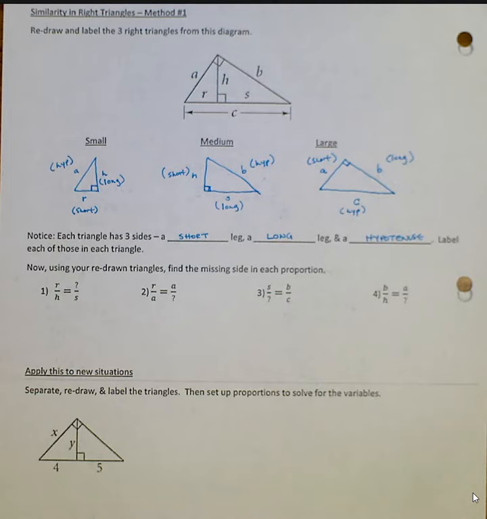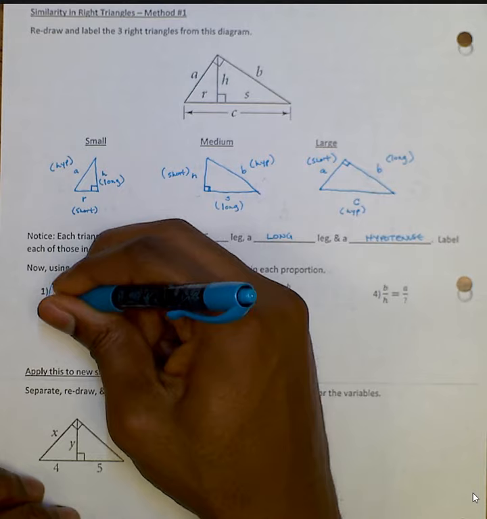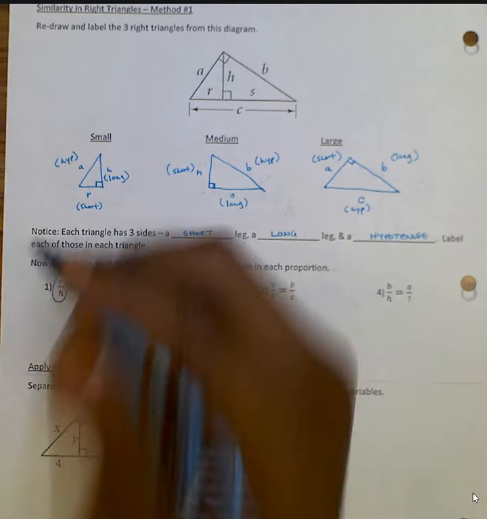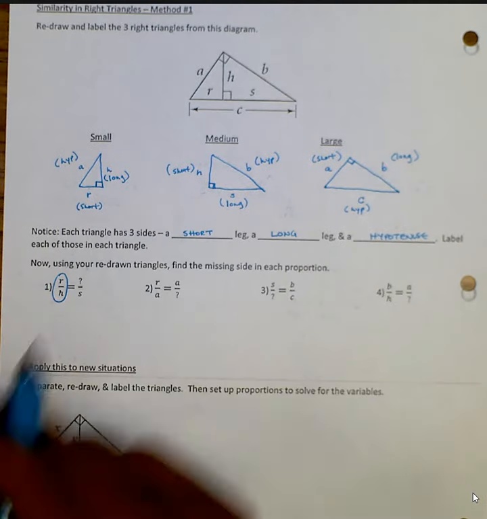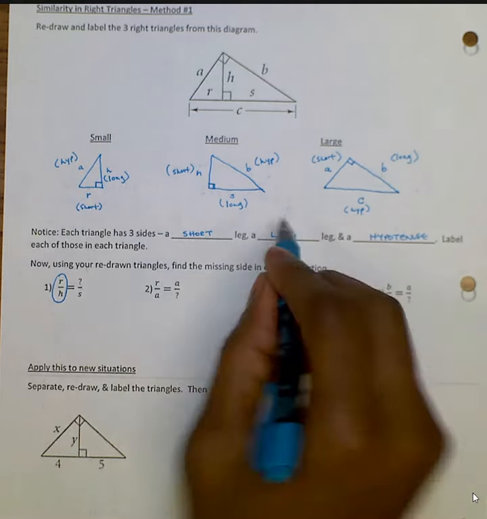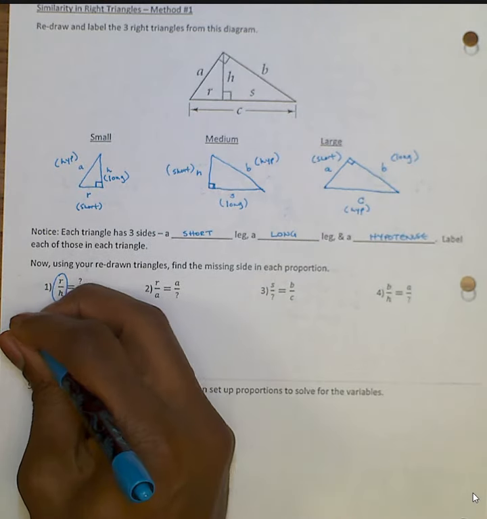Now it says, using your redrawn triangles, find the missing side in each proportion. So here we have R over H. Which triangle has these two? The triangle that has R and H is the small triangle. Notice that that's the short leg over the long leg.